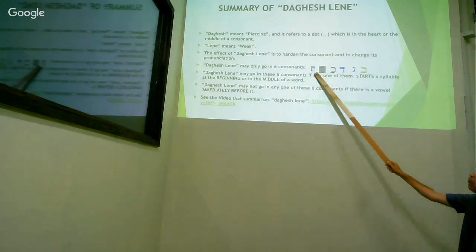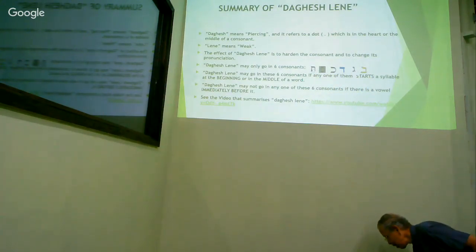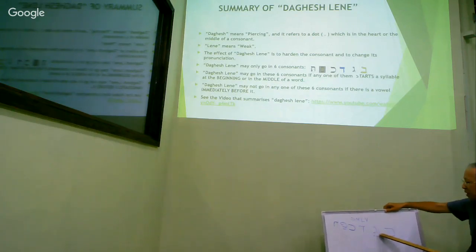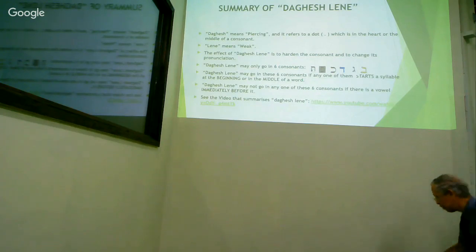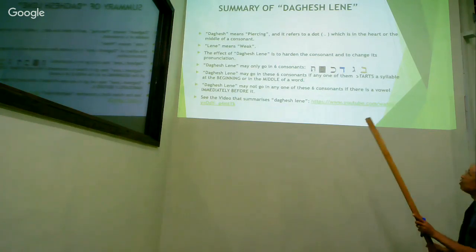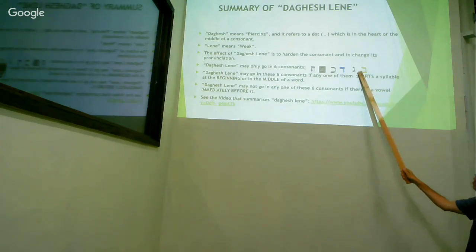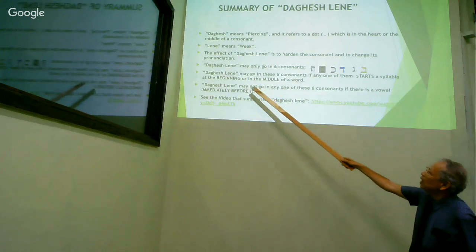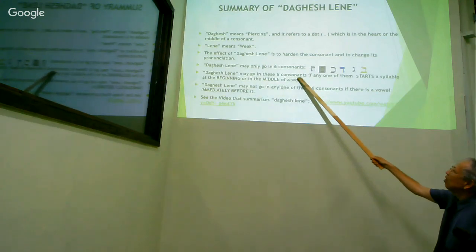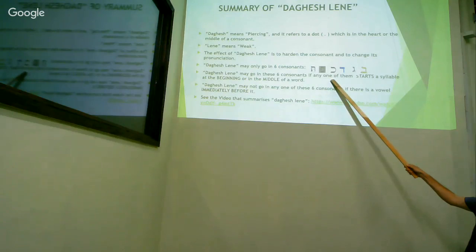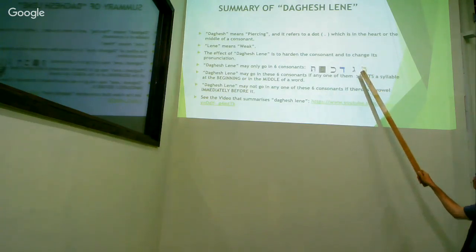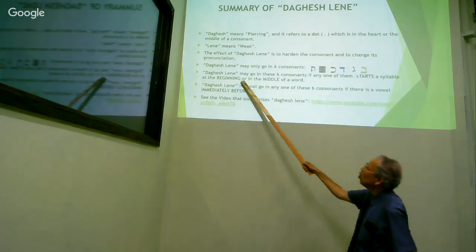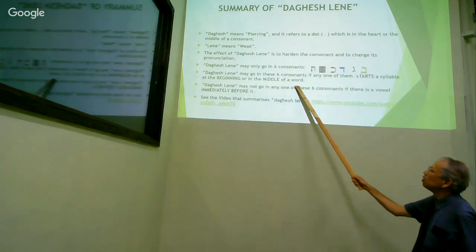Egath, Kefat. They may go in these 6 consonants if any one of them starts a syllable at the beginning or in the middle of a word.